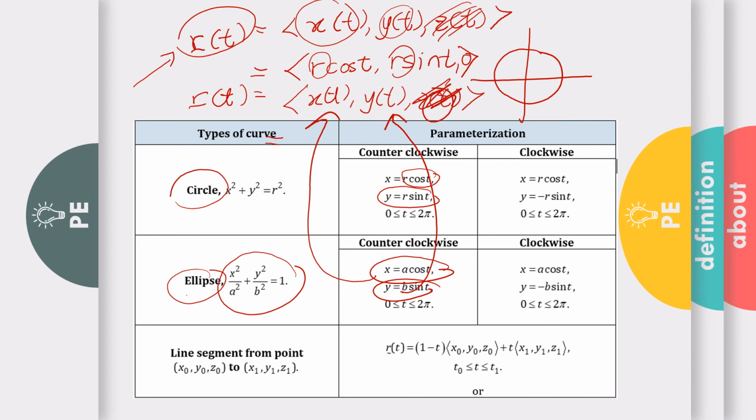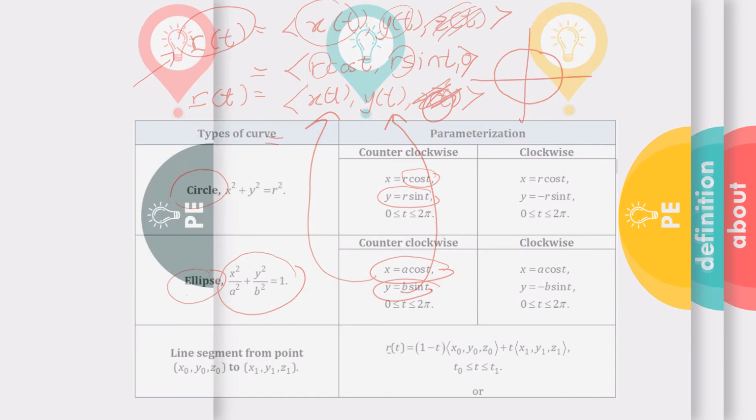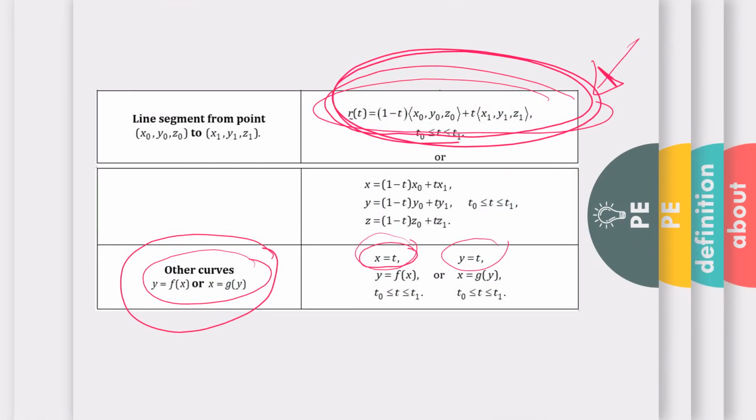So what about a line segment? A line segment is just like a straight line from point A to point B, for example. You want to move a particle from this point to that point along this curve C, from point A to point B. This is the type of line segment.